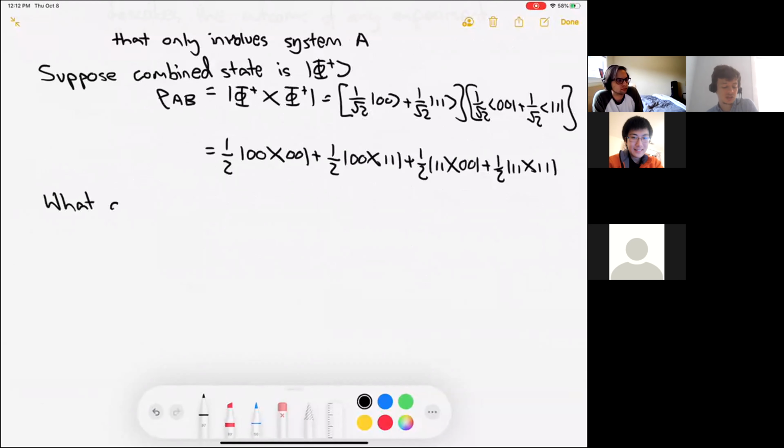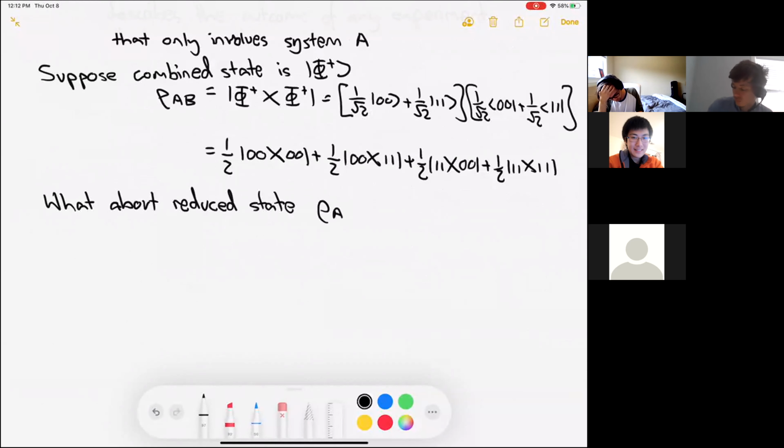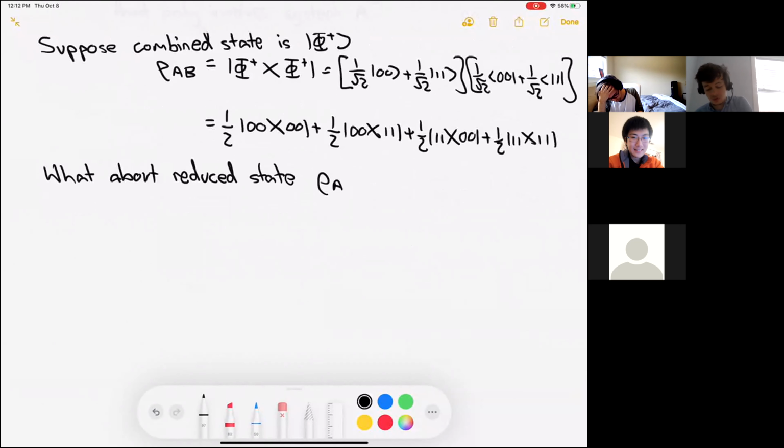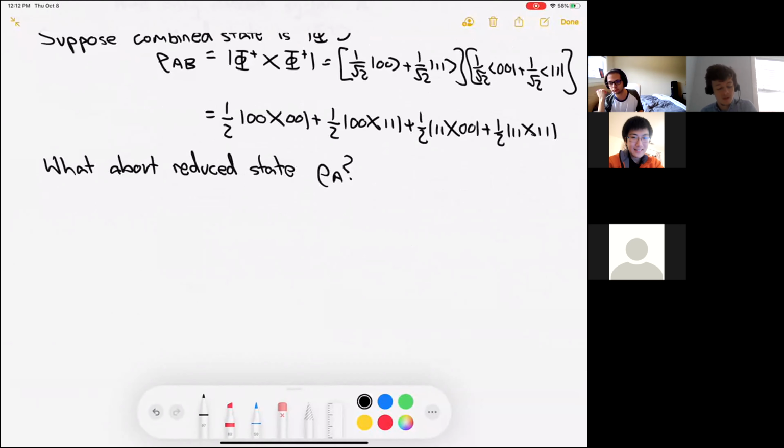What about the reduced state? Well, rho A is defined as the partial trace over B of rho AB.